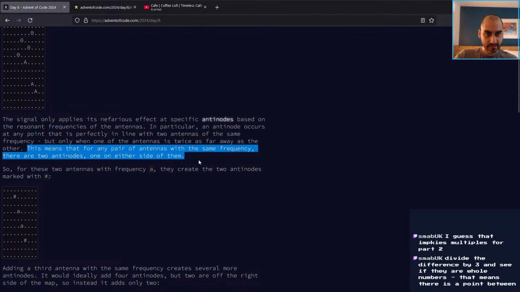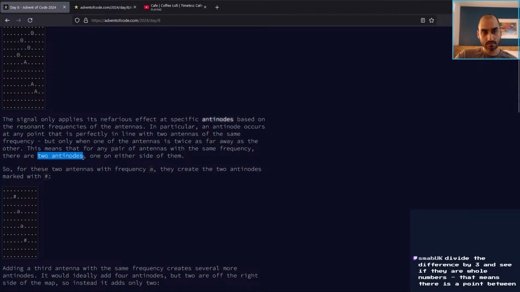this sentence here. Because this sentence is saying the previous sentence implies this condition. But I don't agree that 2 antinodes is a logical result of that last sentence. I would say 0 to 4 antinodes is a logical result of that last sentence.